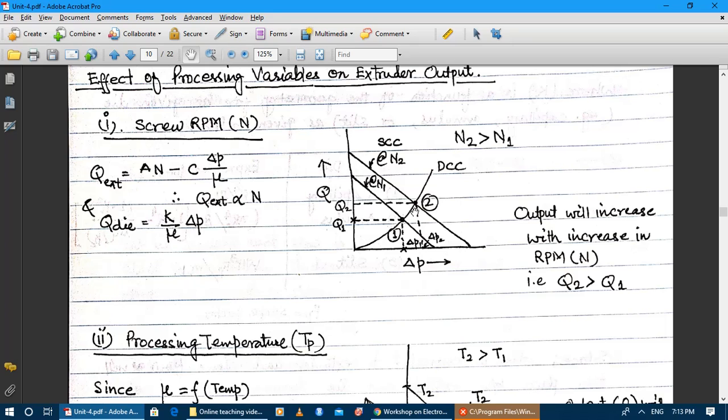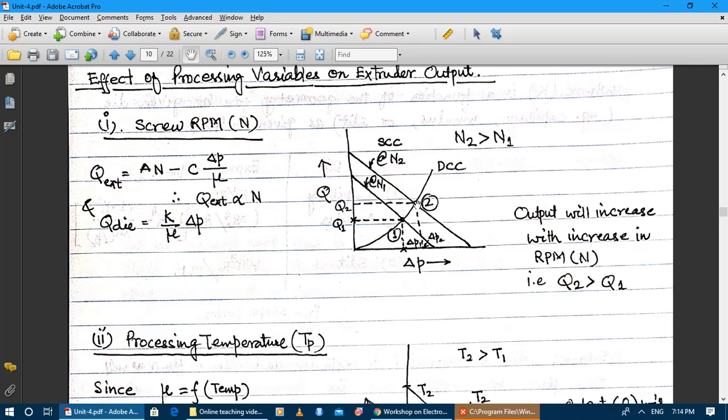So my operating point will shift from point number 1 to point number 2. We can see that by increasing the RPM of the screw, the operating point shifts from point 1 to point 2, and the output corresponding to point 2 is higher than the output corresponding to my previous operating point 1.